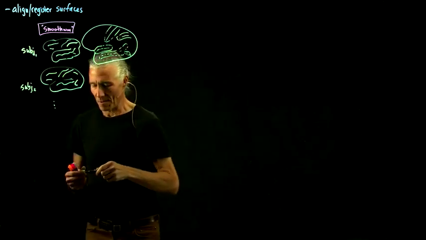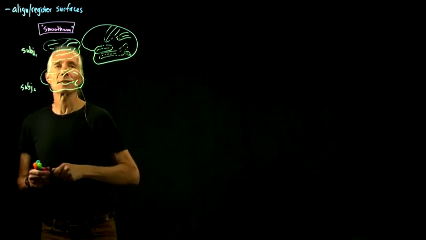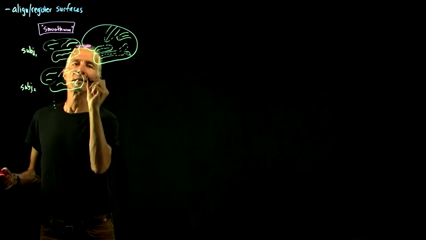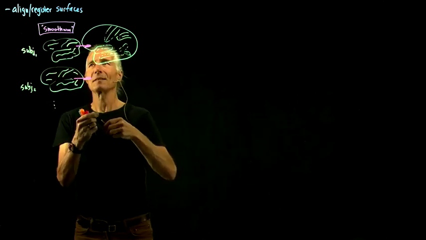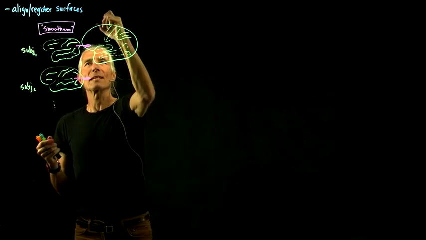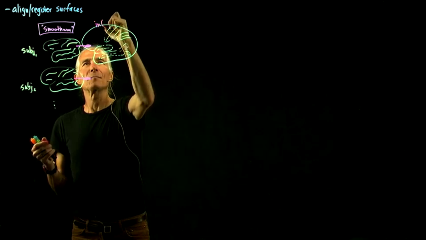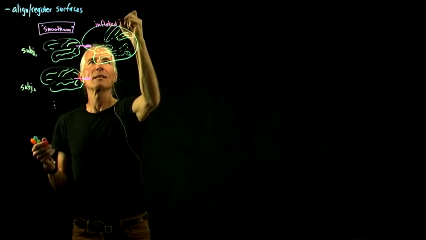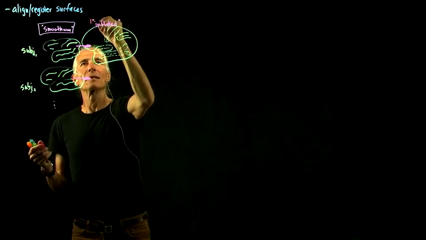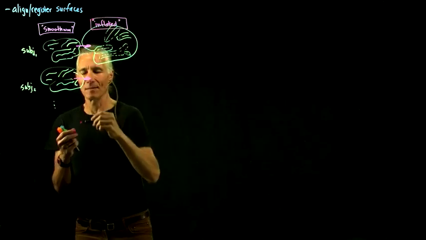So for subject 1, that's the generation of what in FreeSurfer is called inflated. But like I said, unfolded is more correct, because you're not stretching it. So that's inflated.